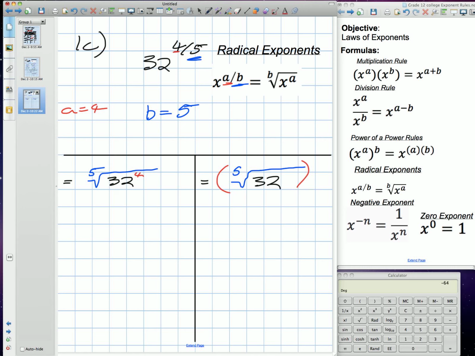And then I'll put it to the power of 4. So, these 2 versions are equivalent. I can either deal with the power in the radical first, or I can deal with the radical itself and then the power. So either the power, then the radical, or the radical, then the power. Both will get us the same answer. One will be a little easier to do mentally than the other.